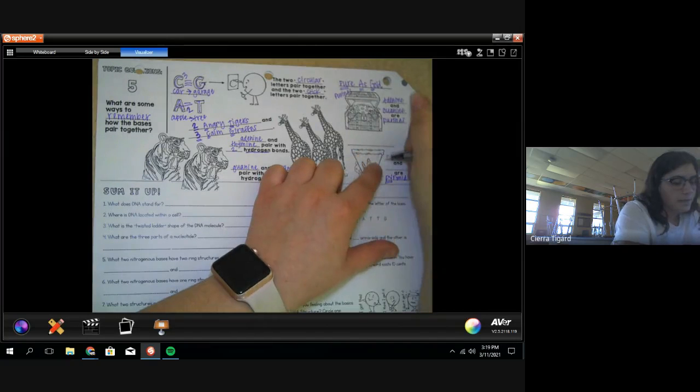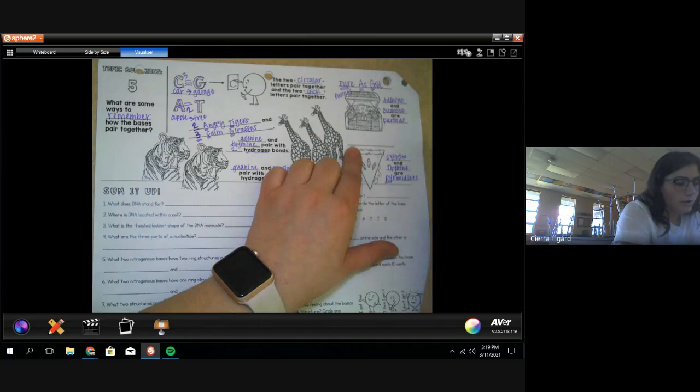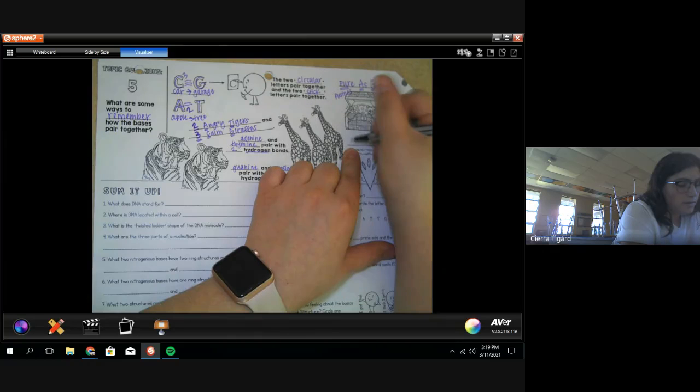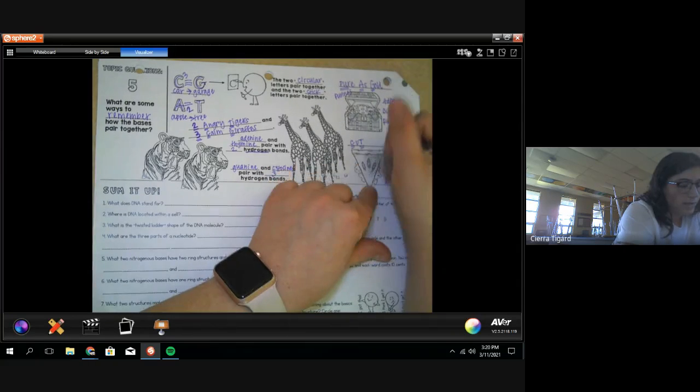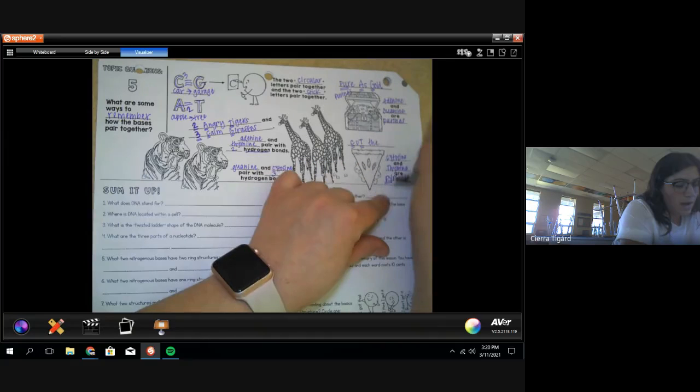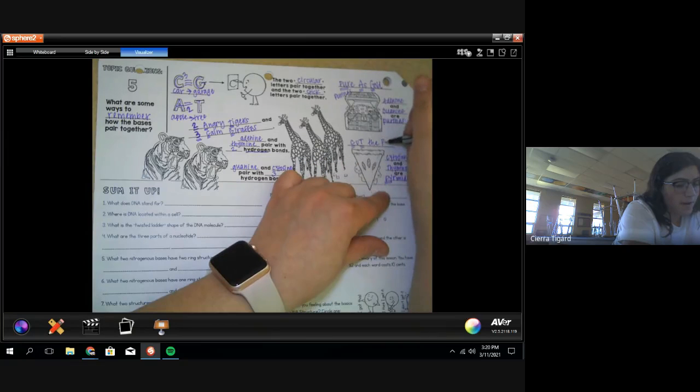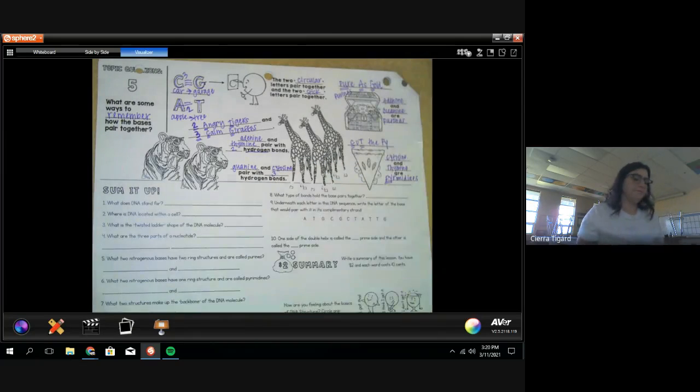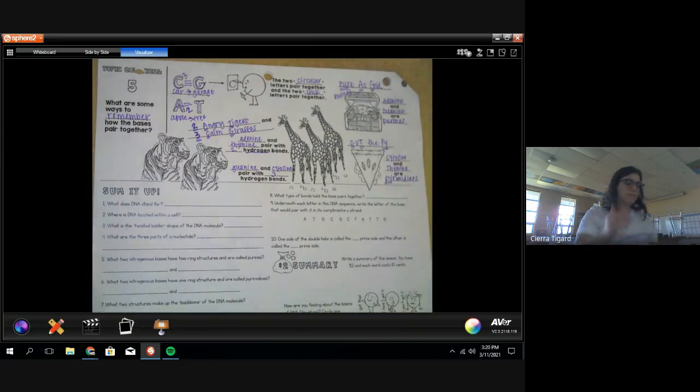So we're going to put cytosine and thymine. We're going to cut the pi, which I know that's not how you spell pi, but that's how we're going to remember it. Cut the pi, which is our pyrimidines.